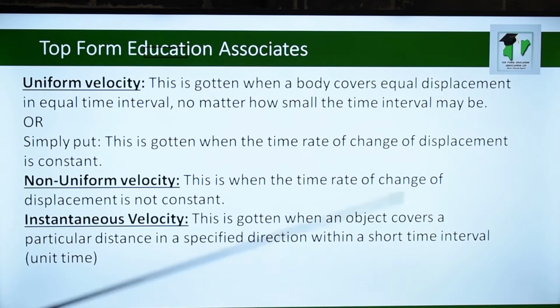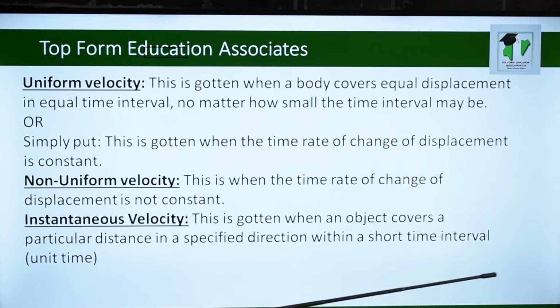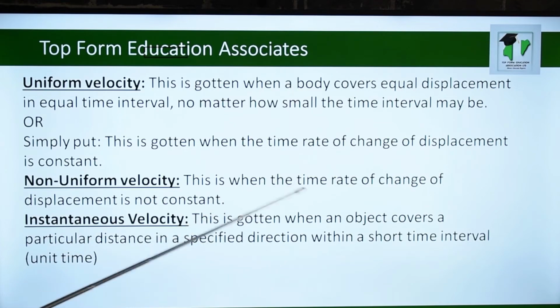Or it could be that if you met a friend on the way, and you could not meet up with the time interval you have been maintaining. So in that one, you have the time rate of change of displacement there is not what? Constant. Is that clear? Okay.